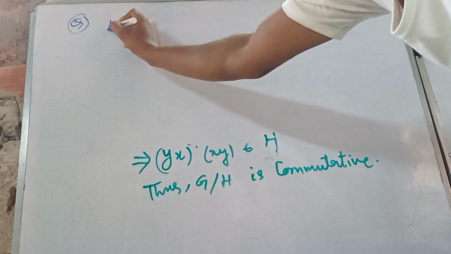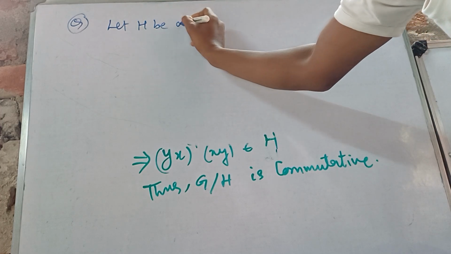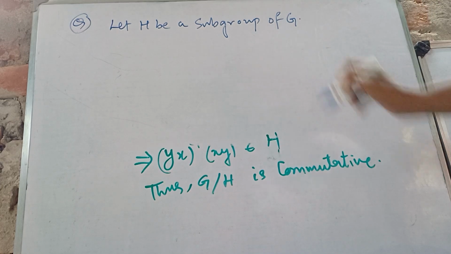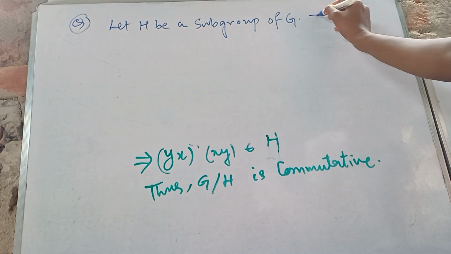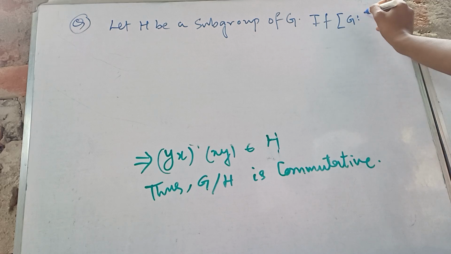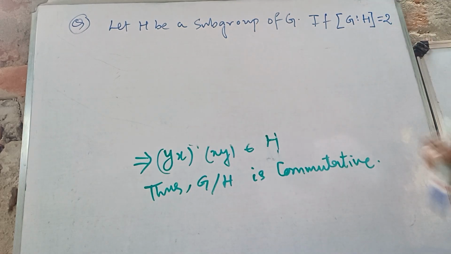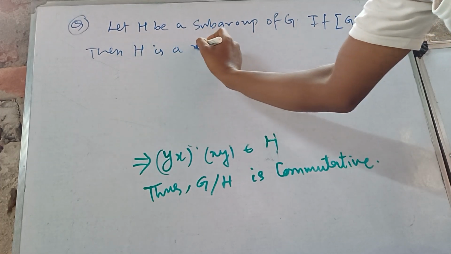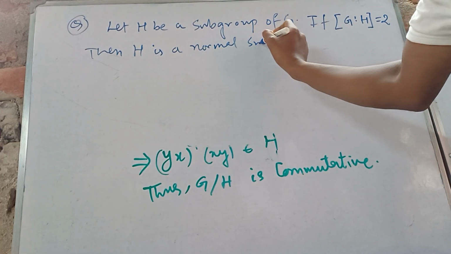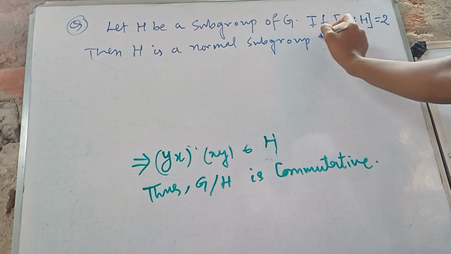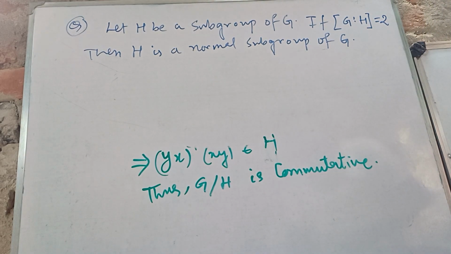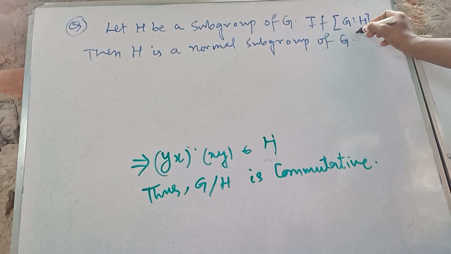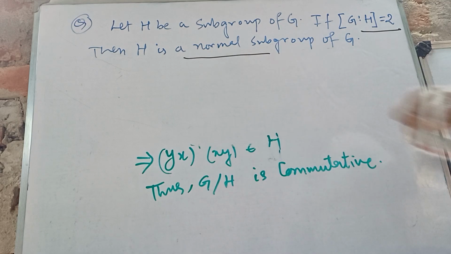Let H be a subgroup of G. Then if the index of H in G equals 2, then H is a normal subgroup of G. That means the index of H in G equal to 2 implies that H is a normal subgroup.